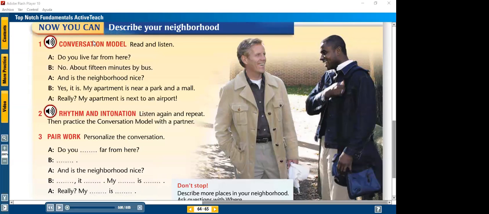Okay. So I'm going to start, okay? Let's see. Gabriela, do you live, or, well, I'm going to change the verb, okay? Voy a cambiar el verbo por aquí. Gabriela, do you work far from here? Cuando decimos work, pregunto disculpa, si trabajas muy lejos de aquí.